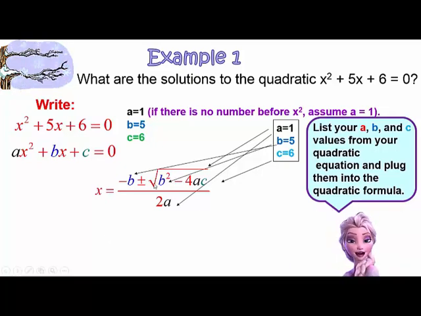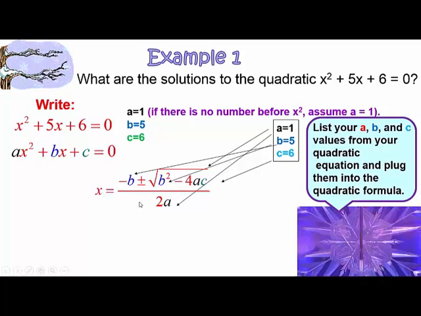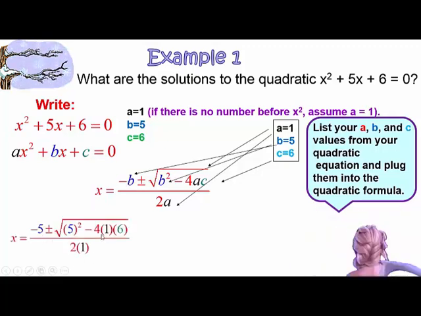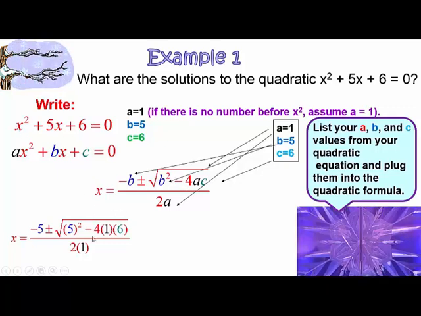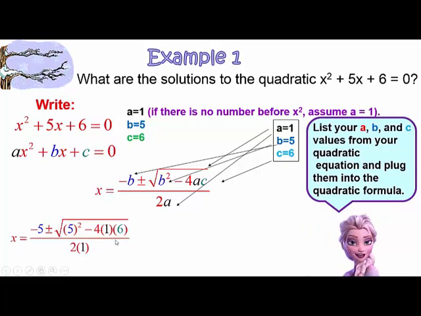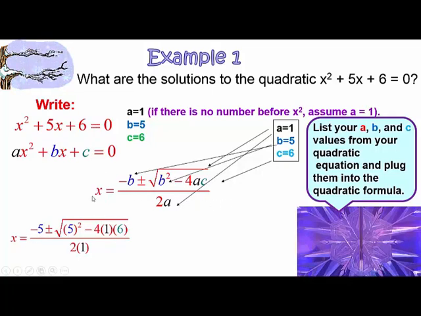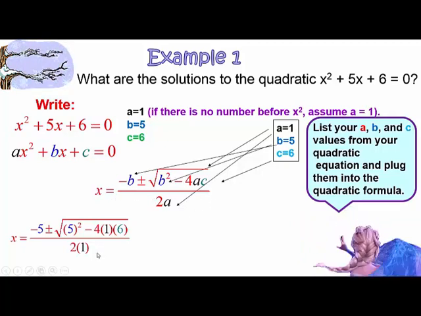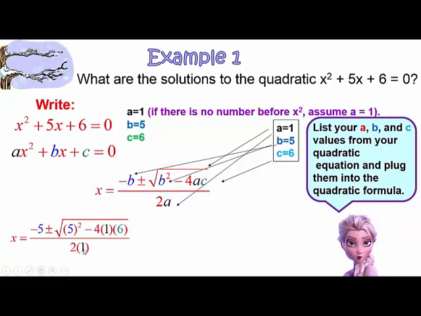So we get, after we plug in, B, which is 5, and 5 for the B's, and then here for A, 1 for the A, and C, 6, all over, not just the square root part, but the entire top part is over 2a, and in this case a is equal to 1.